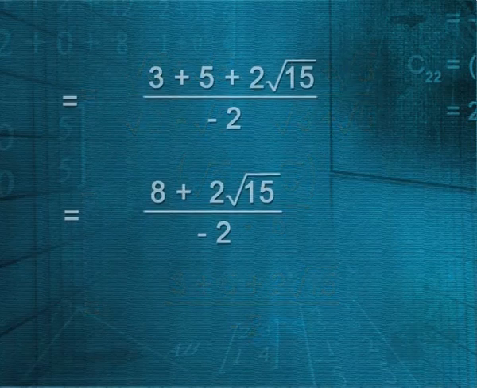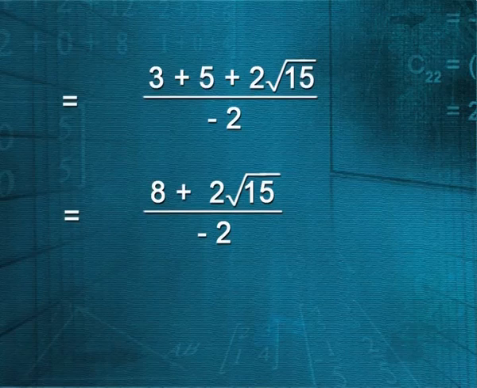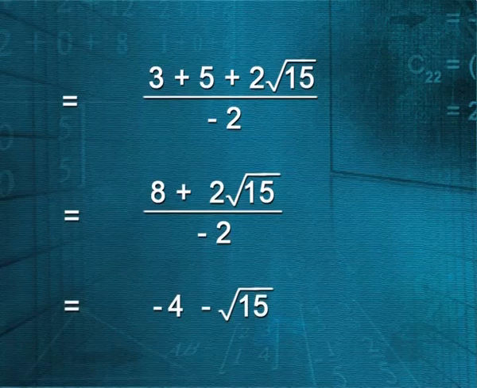Therefore, this is 3 plus 5, 8 plus 2 root 15 divided by minus 2, which is equal to minus 4 minus root 15, because 2 is the common factor in the numerator and denominator, and you can cancel the numerator and denominator by 2.